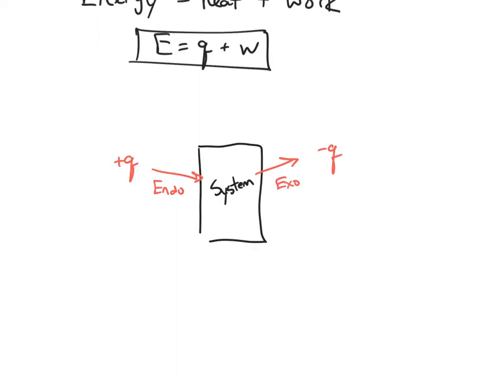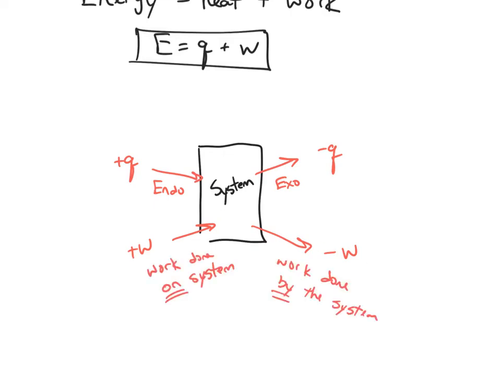These two concepts are things that you probably remember from last year or in your previous chemistry courses. Energy absorbed by the system is endothermic. If energy is being released from the system, it is exothermic. But we also need to now consider work being done on the system or work being done by the system. So we'll call this positive W and negative W. Still, the positive and negative mean the same thing.